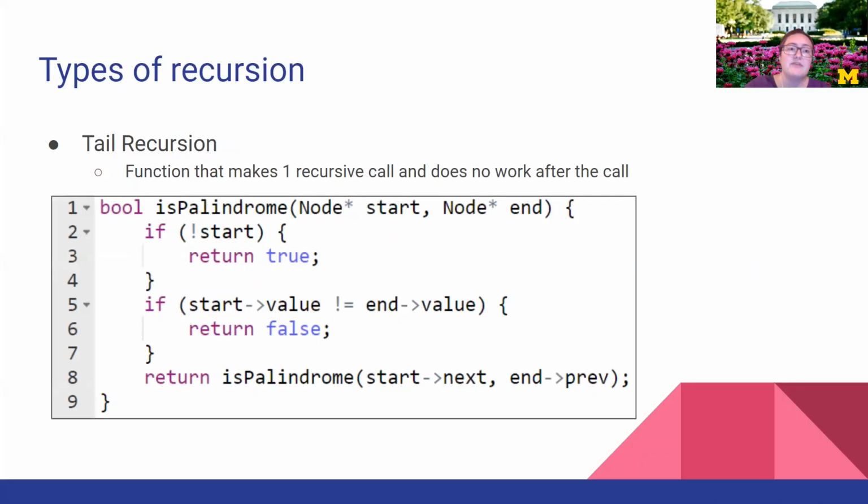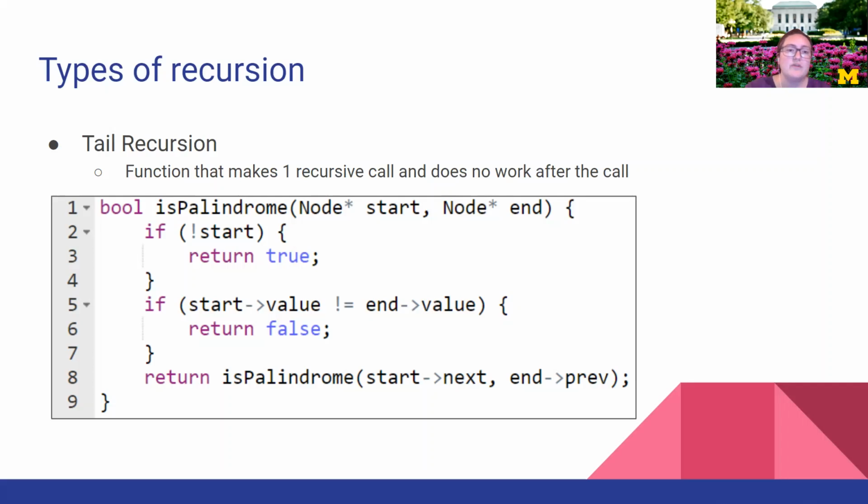Then another type of recursion is called tail recursion. This also is a function that makes one recursive call, so it is a type of linear recursion, but it has the added requirement that it does no additional work after that call. So in this case, we see a function is palindrome that returns whether or not a string is a palindrome.